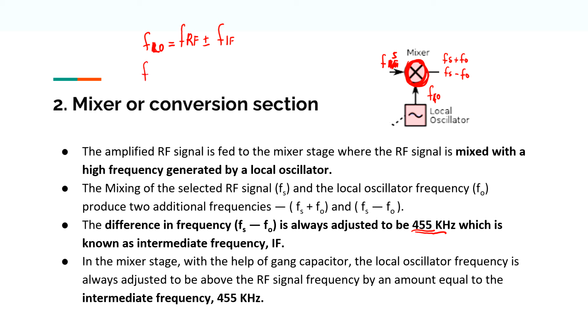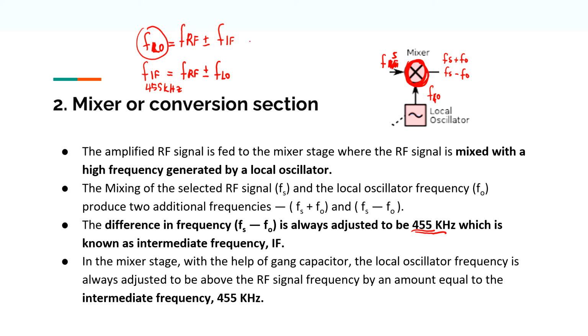So this means the output of this mixer is also equal to FRF plus minus FLO. So the FIF is constant, 455 kilohertz, and then based on this we will change the FLO.